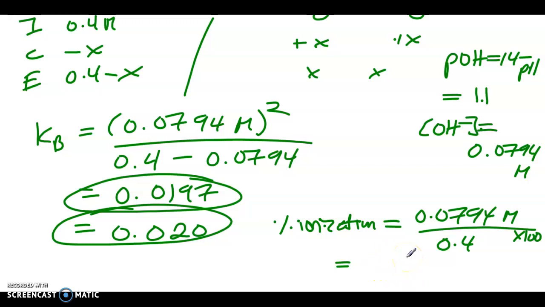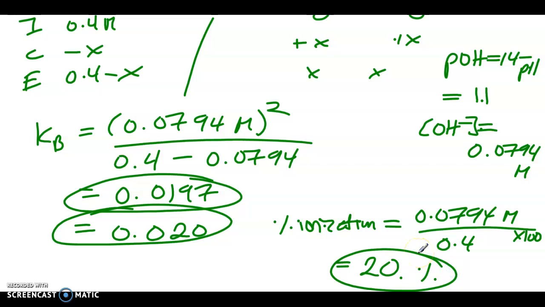Let me just recalculate that for a second. Okay, 0.0794. Yeah, 19.9. And percentage usually, to be honest, is not looked at for sig figs, but if we had to, we'd put 20 with a dot for our 2 sig figs. So that's our percent ionization.